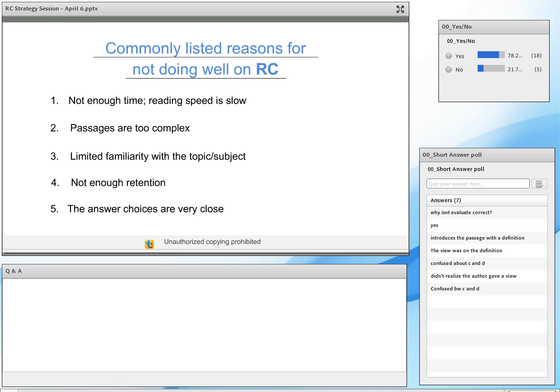Now, answer choices are very close. The minute you feel that after reading a passage properly and after solving the question the answer choices are very close, I want you to not put that as the reason. The main reason why you felt that the answer choices are very close is because you did not understand the passage correctly in the first place.